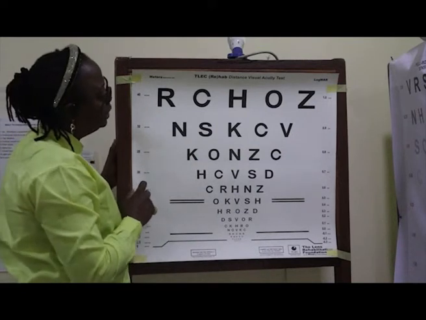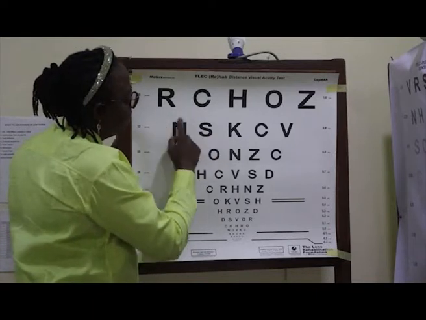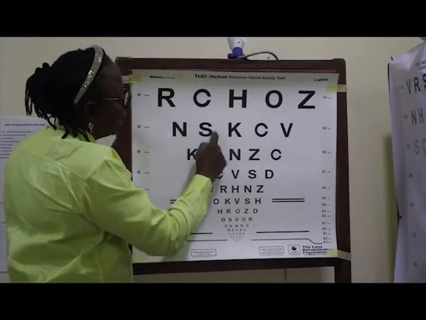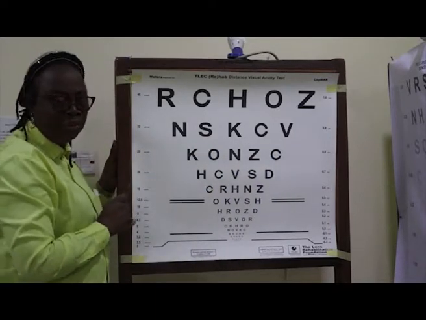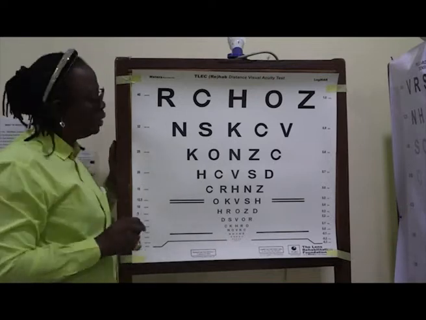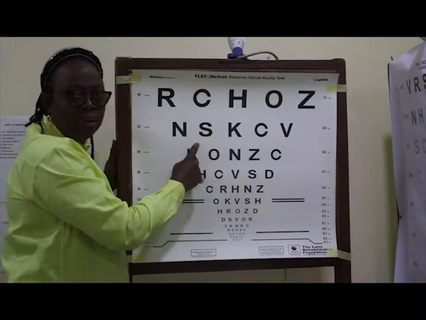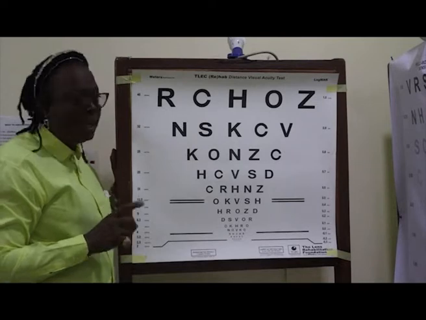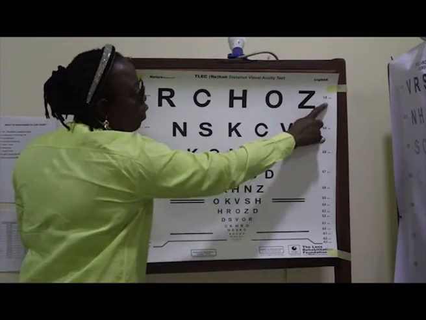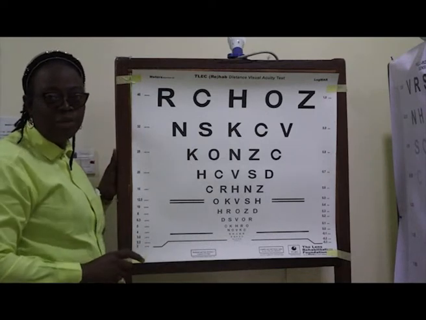But assuming the patient can read this entire line and an extra 2 letters, but is not able to complete this line to the end, one method is to add these 2 values, 0.02, 0.02, making 0.04, and then you subtract it from 1 LOGMAR, which the patient was able to completely read, and that gives you 0.96 LOGMAR.